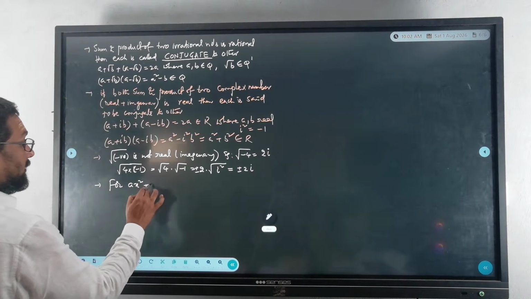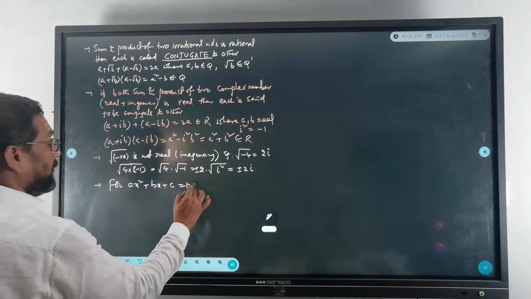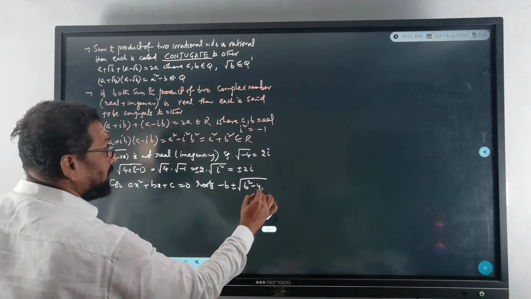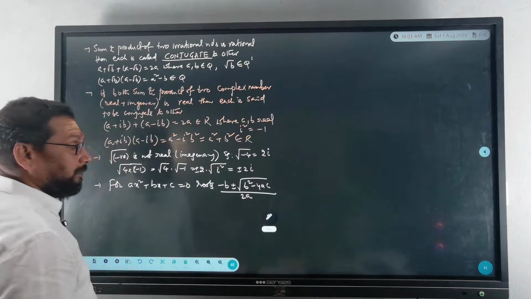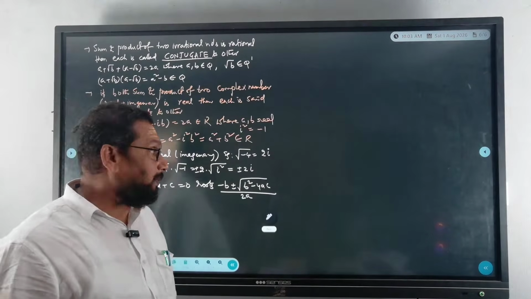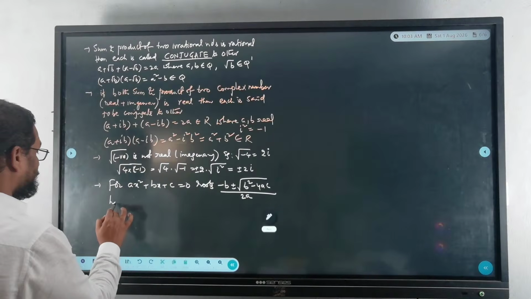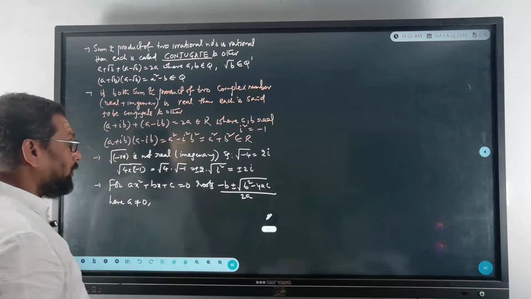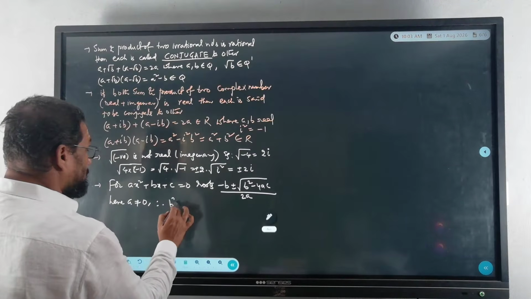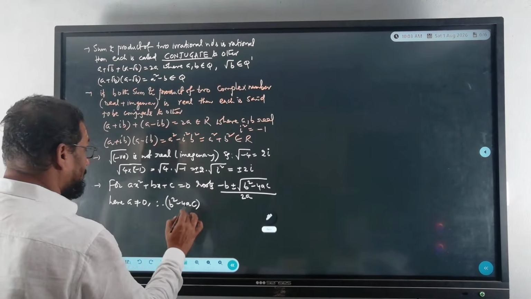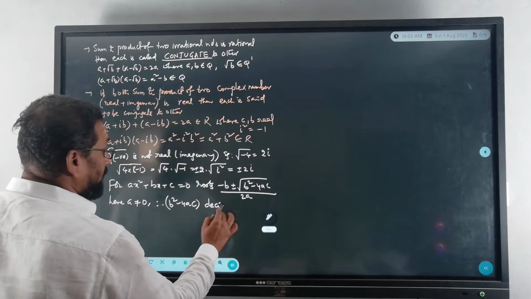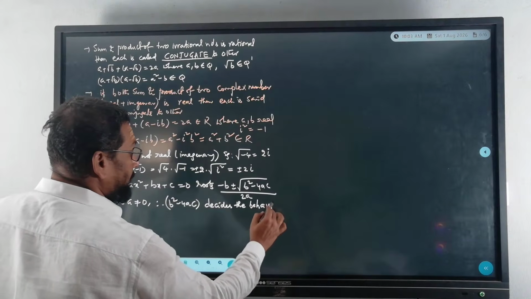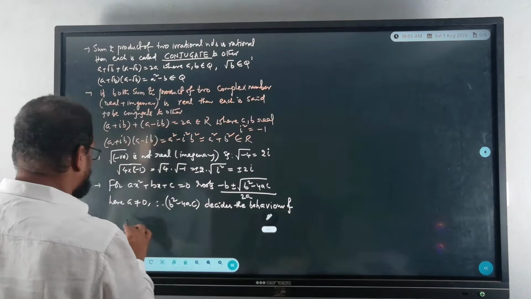For ax square plus bx plus c is equal to 0, the roots are minus b plus or minus root over b square minus 4ac by 2a, where a is not equal to 0. So b square minus 4ac decides the behavior of roots.